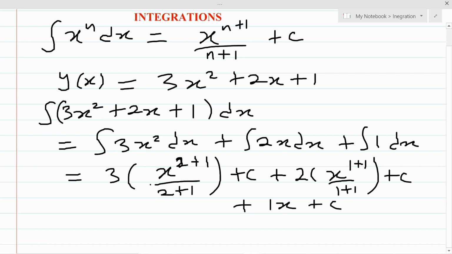Now if you could see, there is a c in each term. You can add them and call them 3c, but 3c is still a constant.